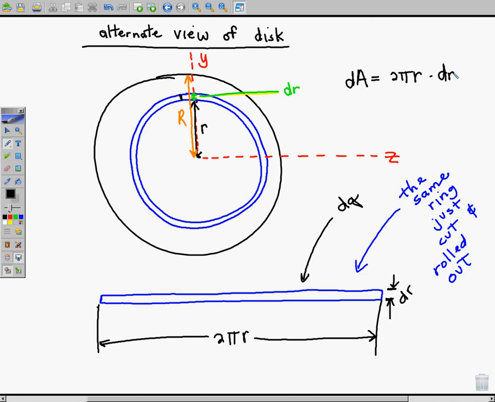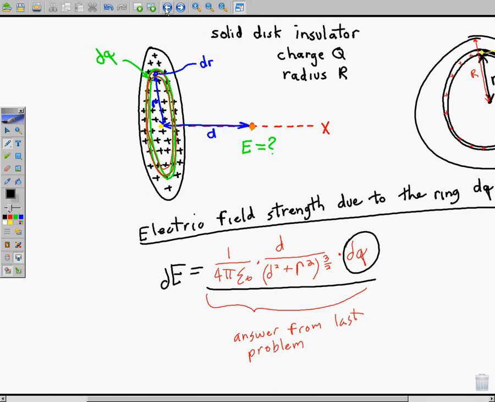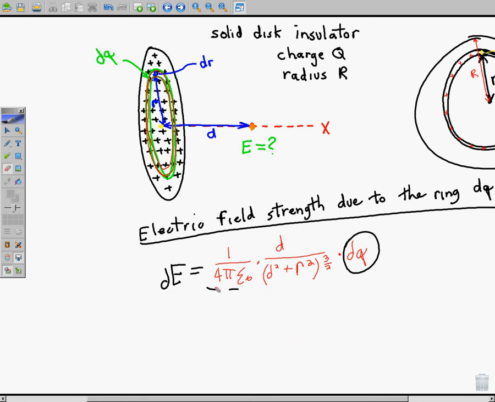So we can go back over here now. And we could say, look, the total electric field strength is going to be the sum of all these dEs.